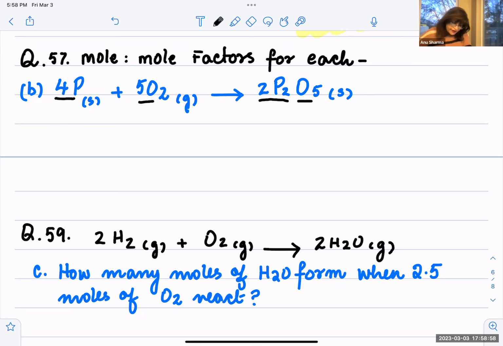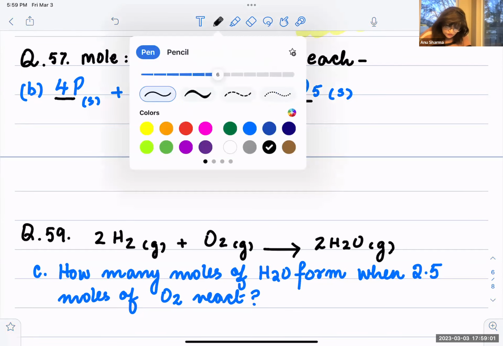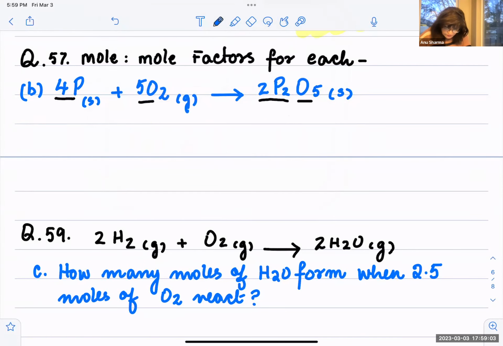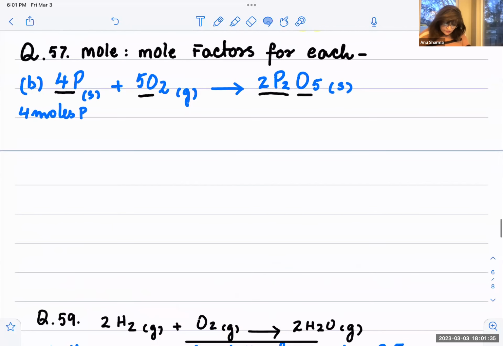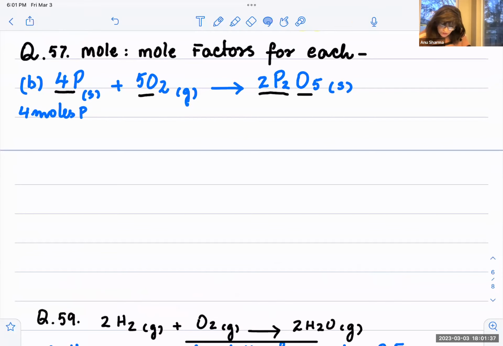Okay, now write the mole-mole factors. So here, 4 moles of phosphorus react with... I don't have enough space. Let me create a space here first. Okay, so now we have the mole factors of each.